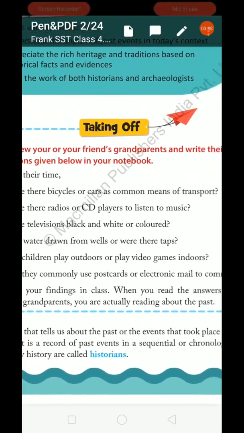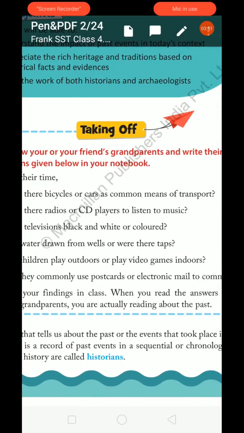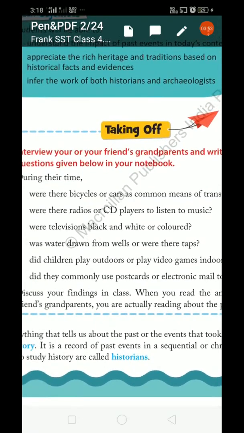Did children play outdoors or play video games indoors? At that time, what was the pastime of children? Due to lack of technology, they played outdoor games, like cricket, kabaddi.